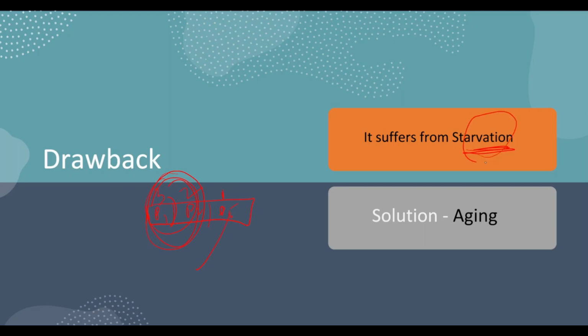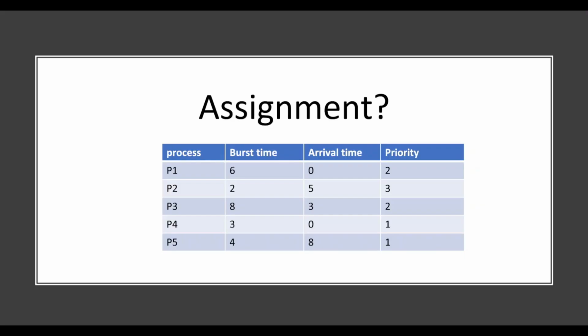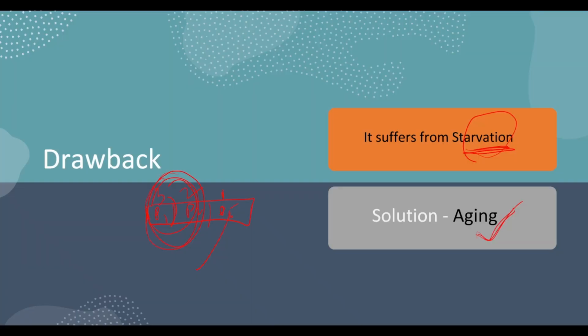This problem can be solved by using the aging technique. What do you mean by aging is, let us consider this process for 10 minutes. After 10 minutes of time, the priority of each process has to be reduced. So this rank becomes 2, this rank becomes 1.